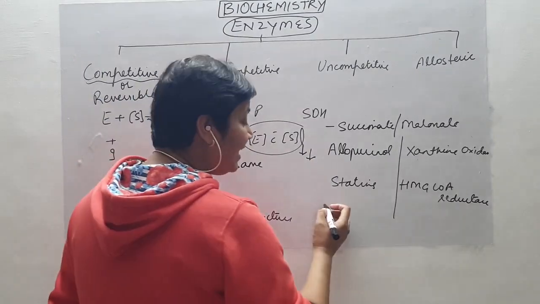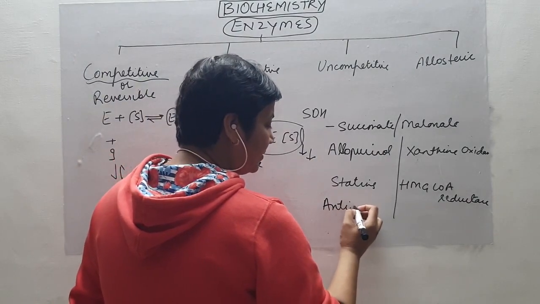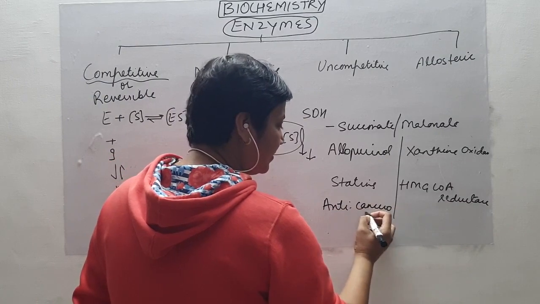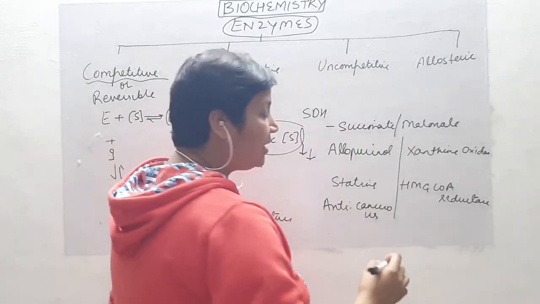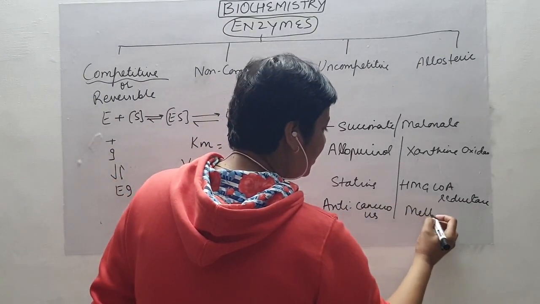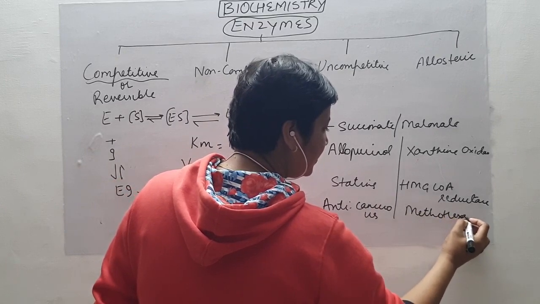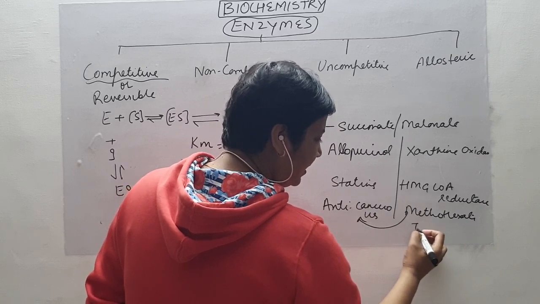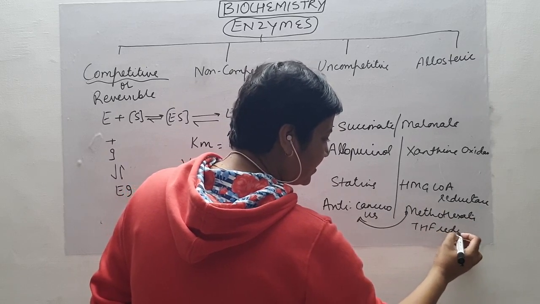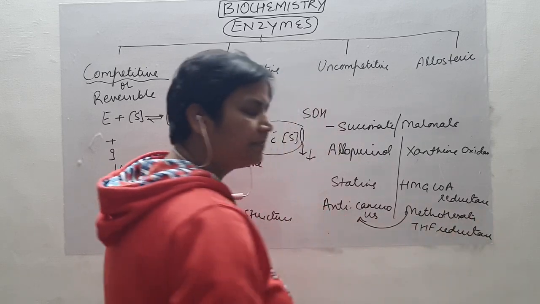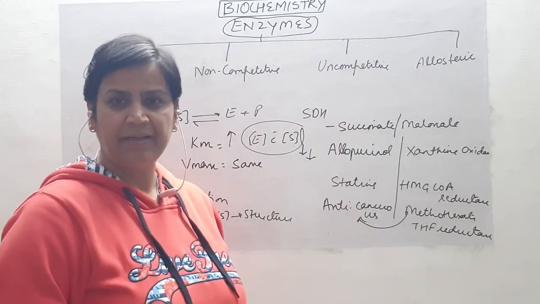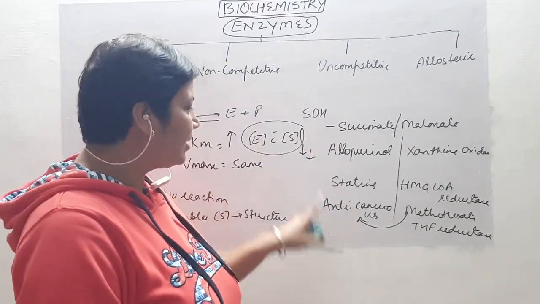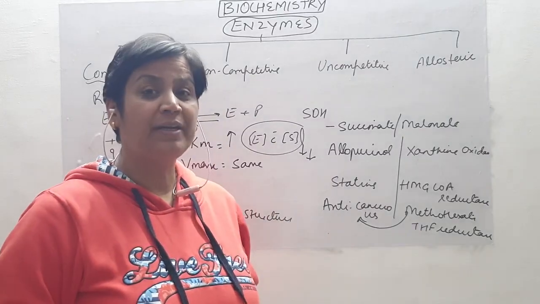Similarly, all the anti-cancerous drugs. Anti-cancerous drugs are competitive inhibitors, for example methotrexate. This is the drug and the enzyme is THF reductase. Right. So this is competitive inhibition.